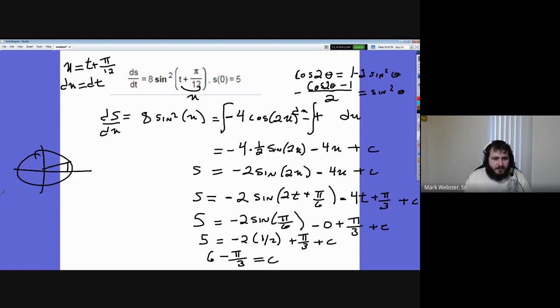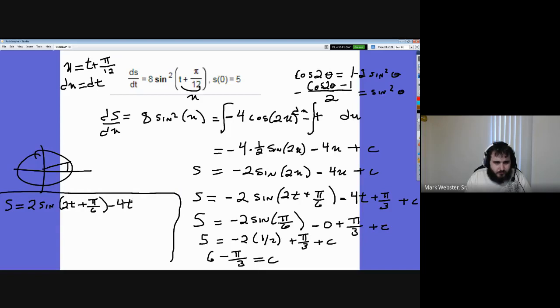And so our final official complete solution, once we clean this up, plus pi over 3 plus 6 minus pi over 3. And look, the pi over 3's actually cancel.